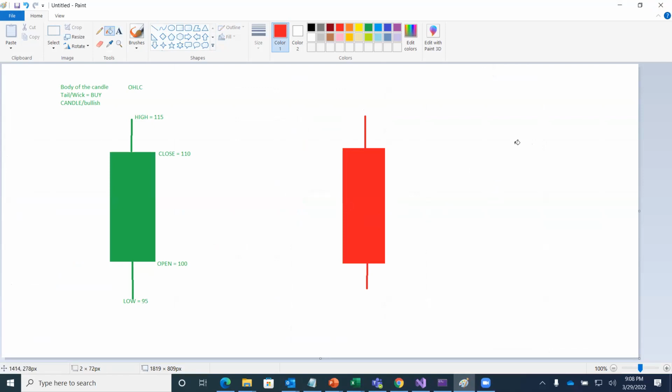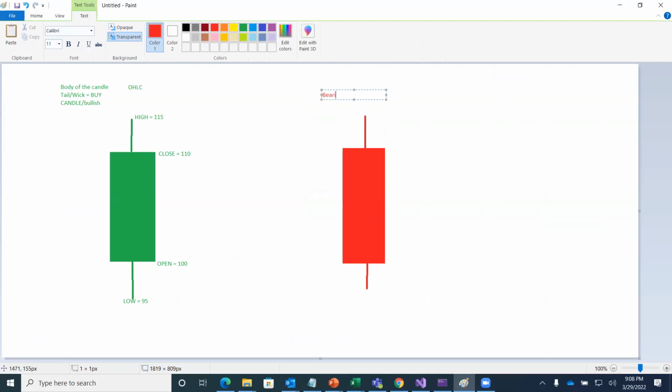Now, what does a sell candle represent? It's a bearish candle. Bearish means sell, downtrend. Sell candle, when the price comes down. Red candle always represents the market stock price coming down.